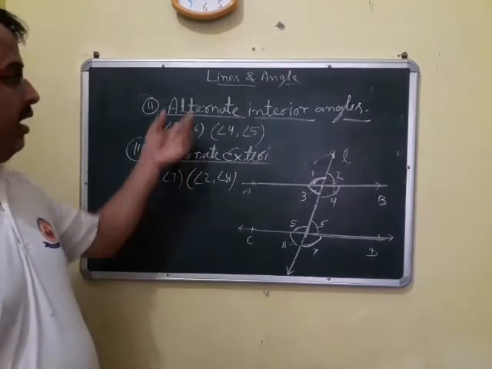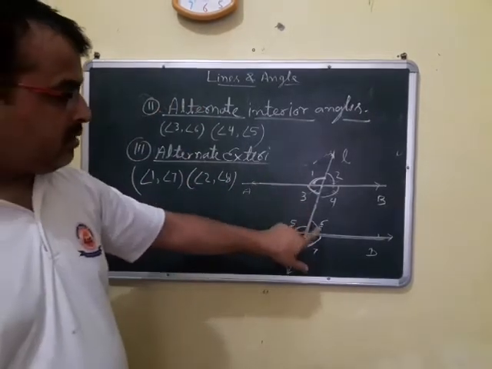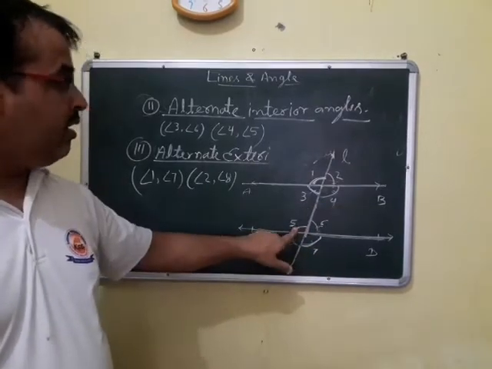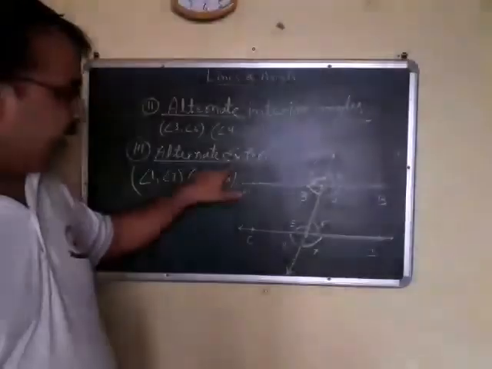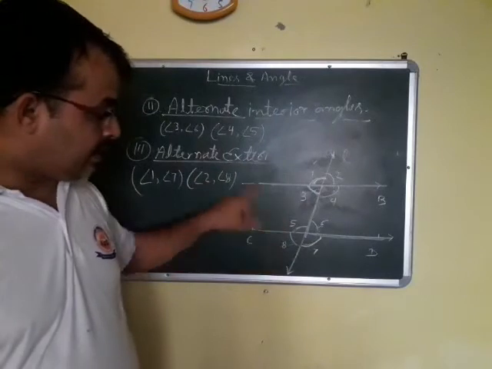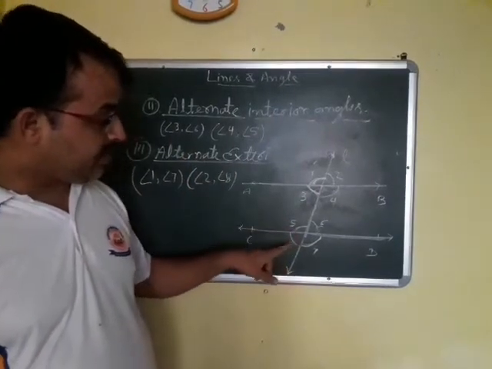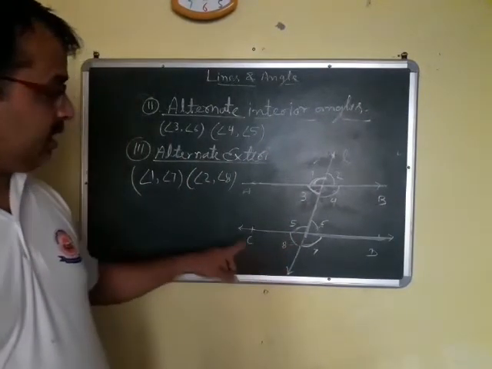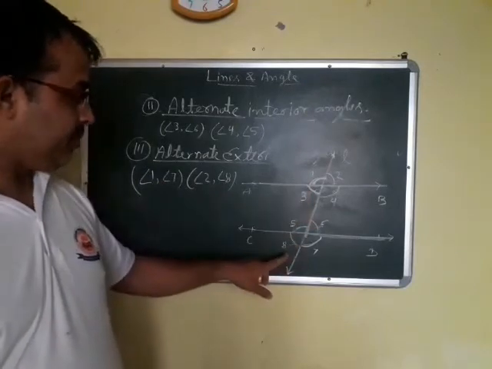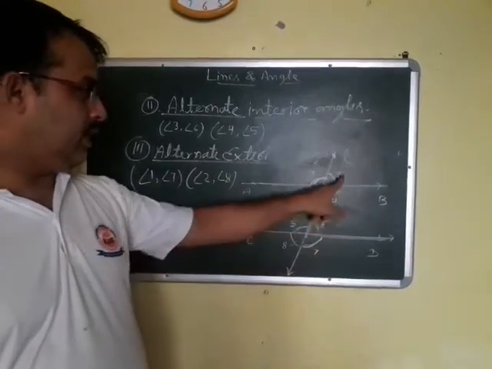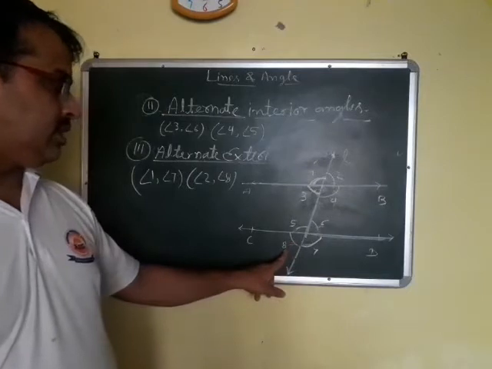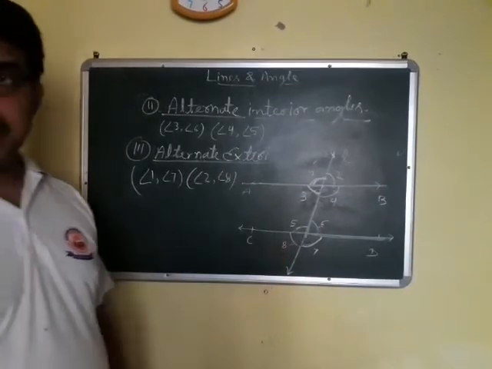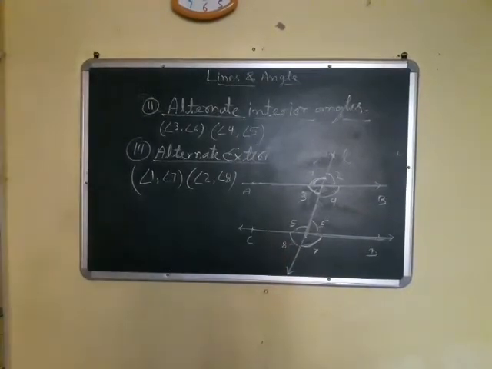This one is clear. Interior angles 3, 6, 4, 5. Which ones are the exterior angles here? Angle 1, angle 7, angle 2, angle 8. Clear?